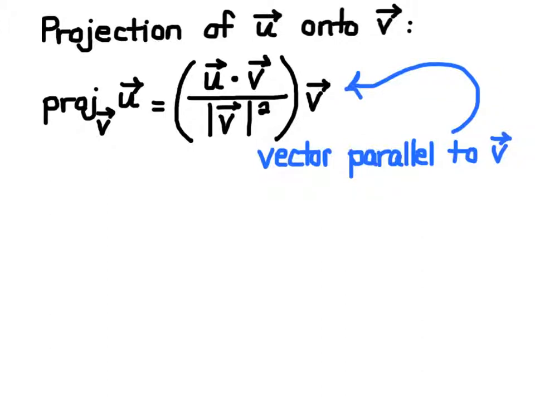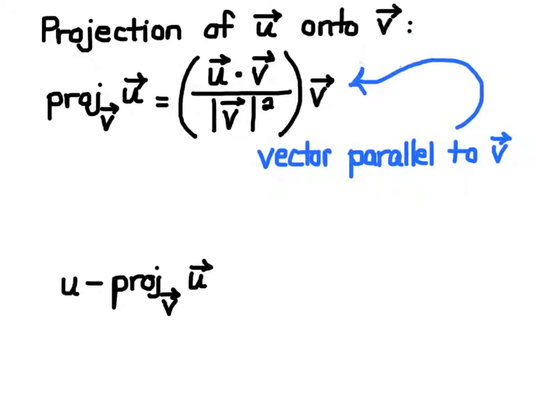Now if we want a vector that's perpendicular, then we will take u, and from u we will subtract the projection of u onto v.